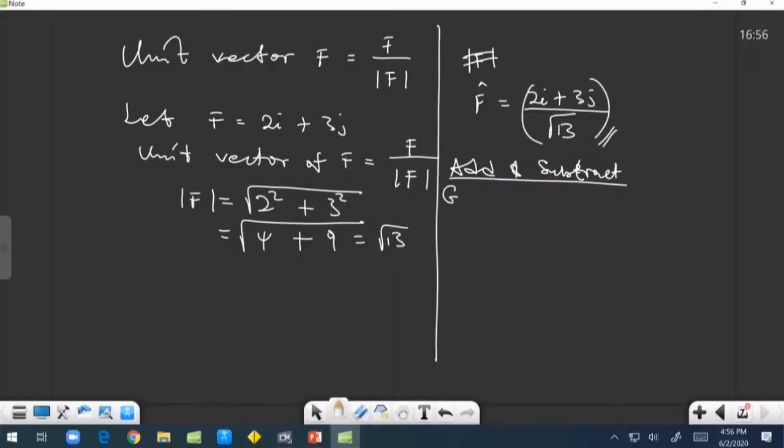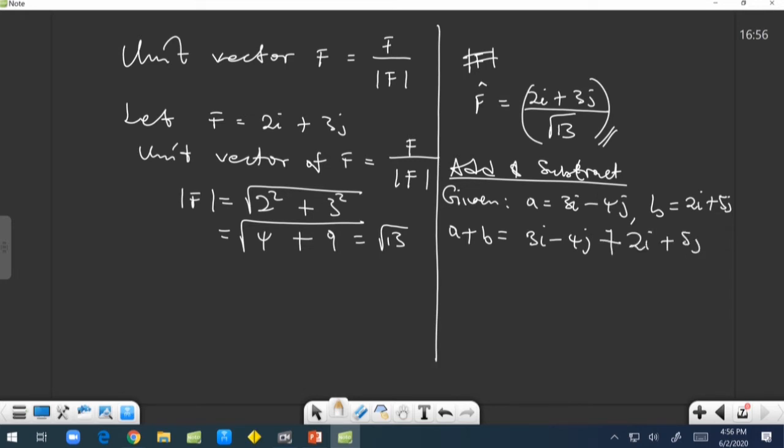We are given that vector a is 3i minus 4j and vector b is 2i plus 5j. a plus b will be equal to, just add them together, 3i minus 4j plus 2i plus 5j. So you add corresponding parameters, the j's added together and the i's added together.